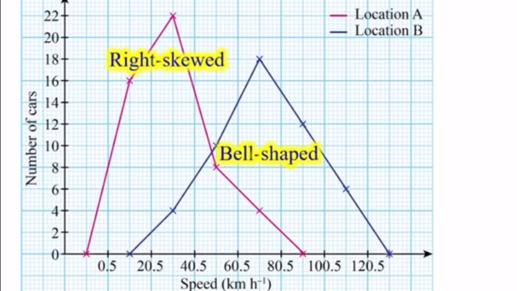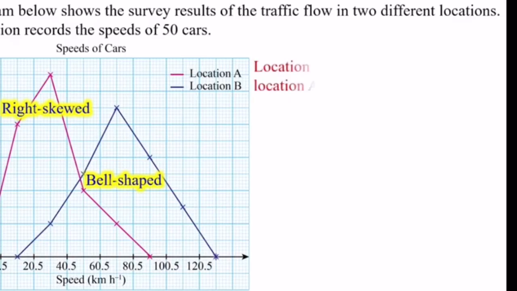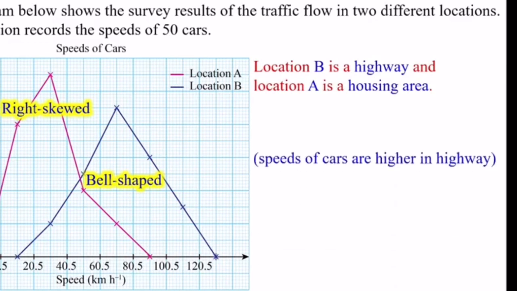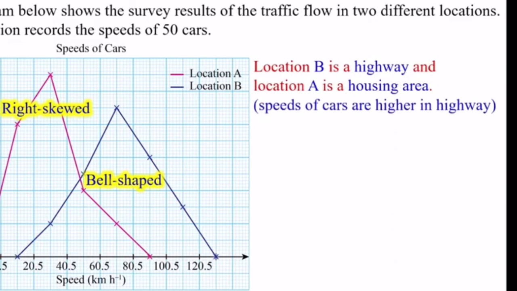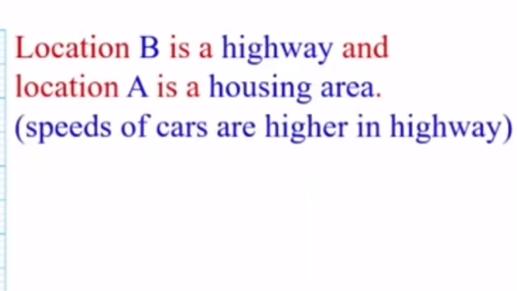We can conclude that location B is actually a highway and location A is a housing area, right? Highway, isn't it? The car speed is higher compared to the housing area. So the speeds of the cars are higher on the highway compared to the housing area.